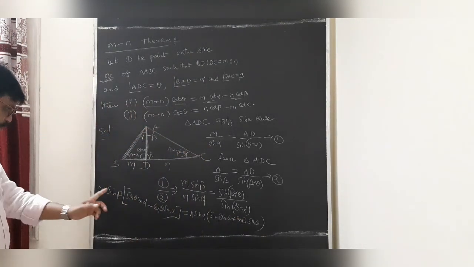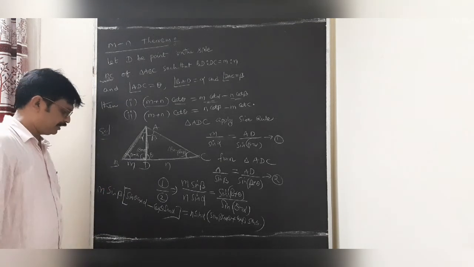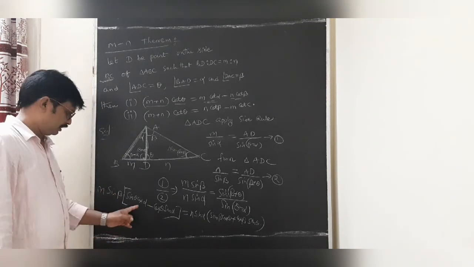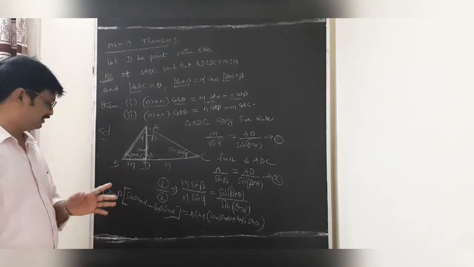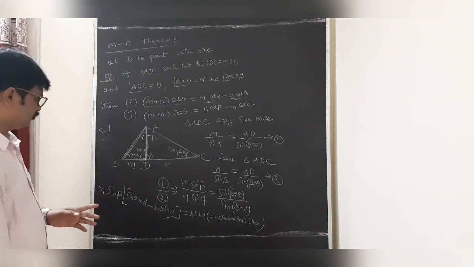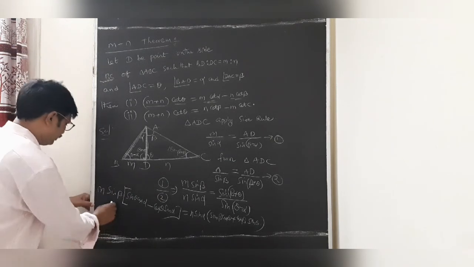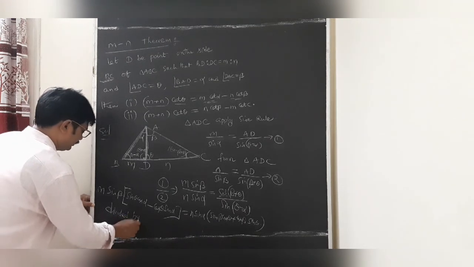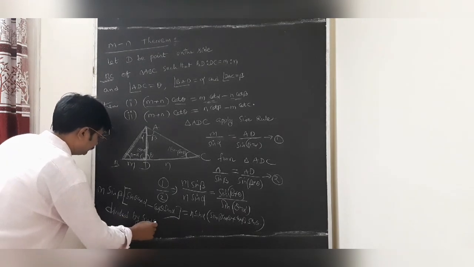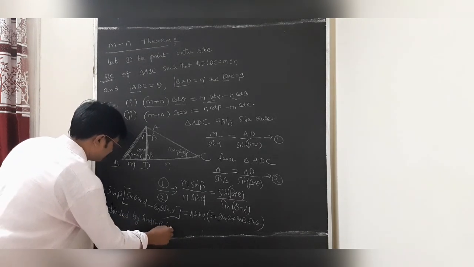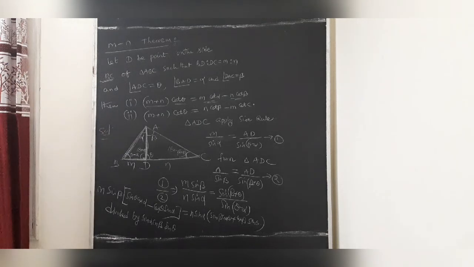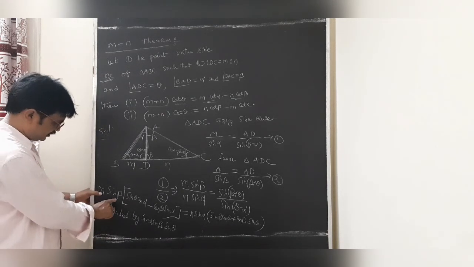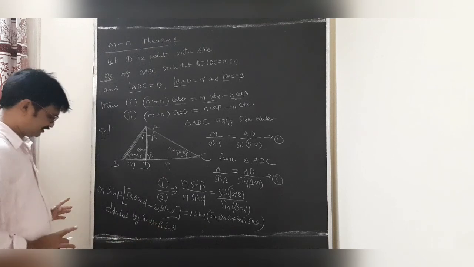Dear students, on both sides we are dividing by sine alpha, sine beta and sine theta. So on the left hand side, first sine beta cancels.